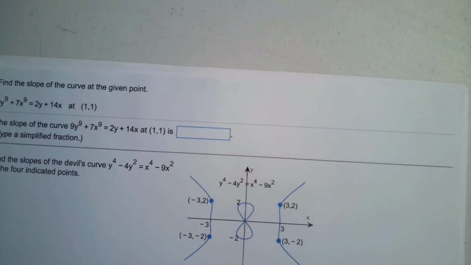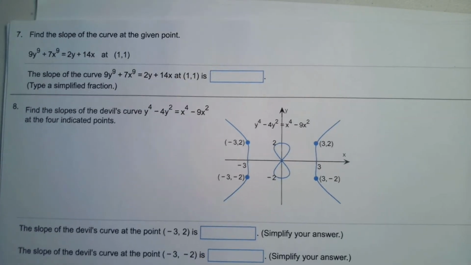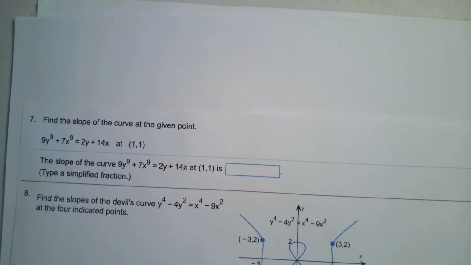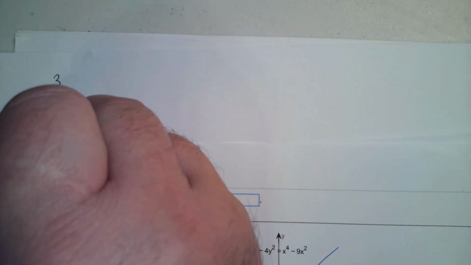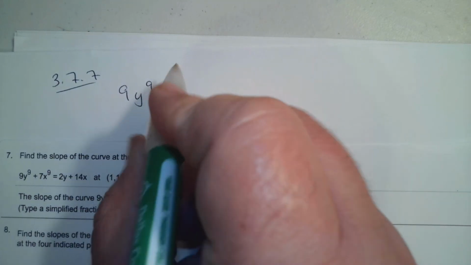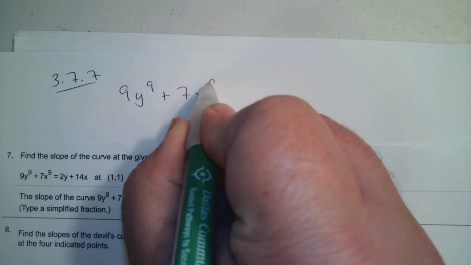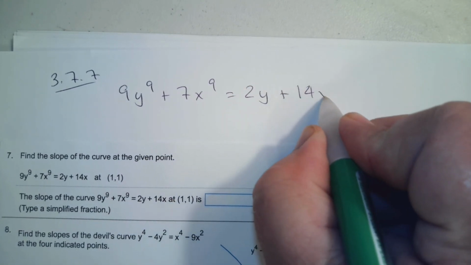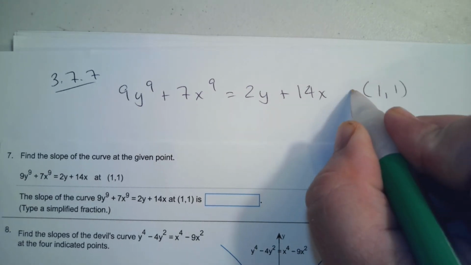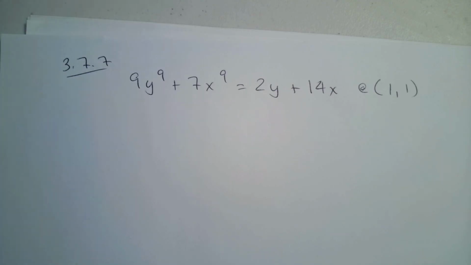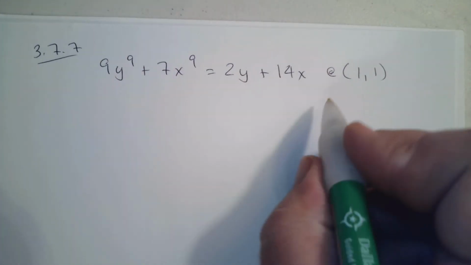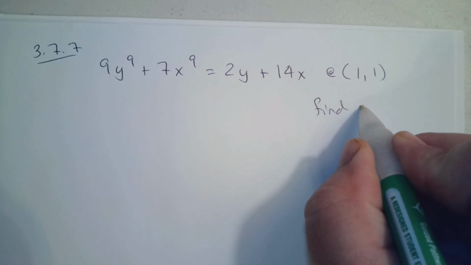Number 7. Find the slope at the given point. 9y to the 9th plus 7x to the 9th equals 2y plus 14x at 1, 1. Find m.